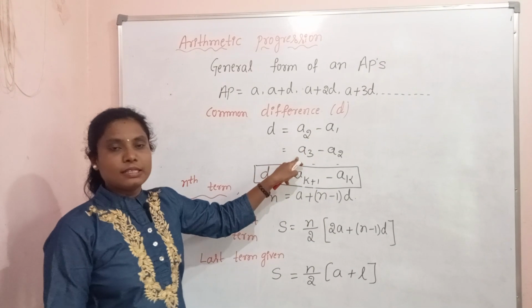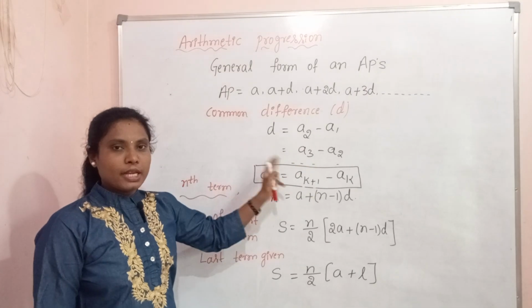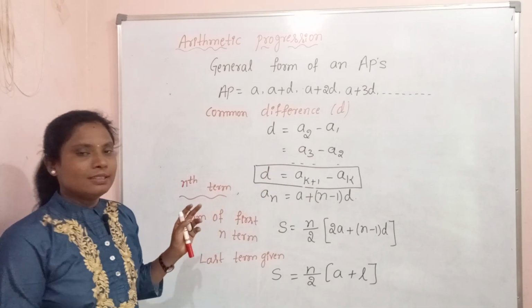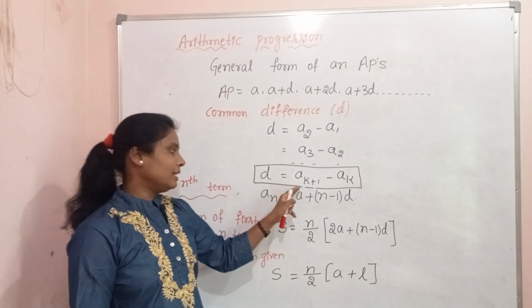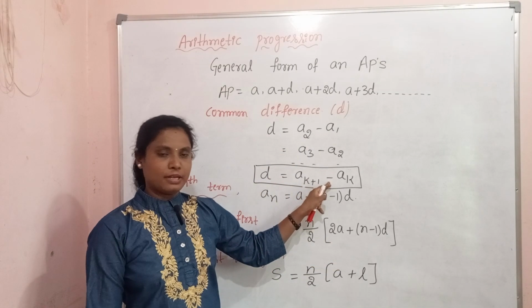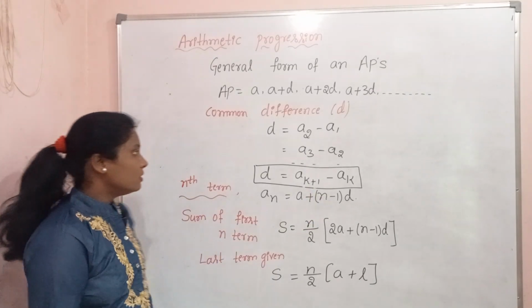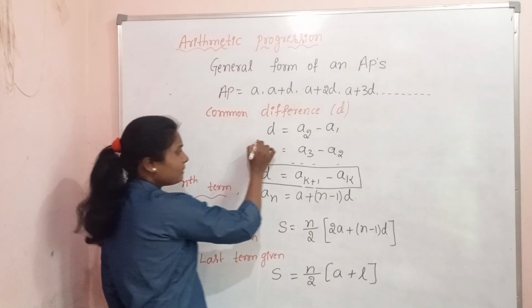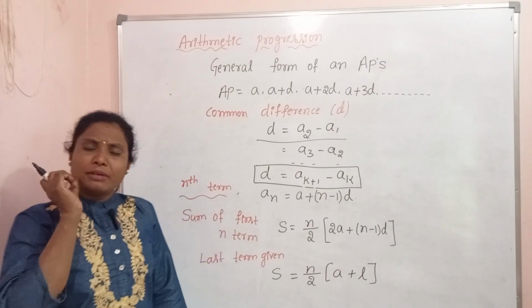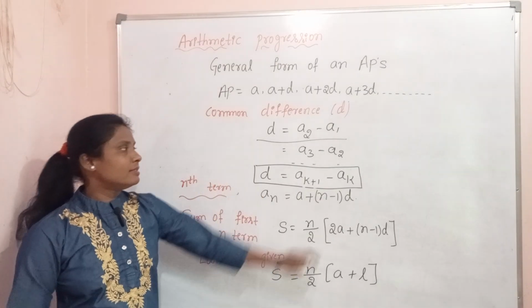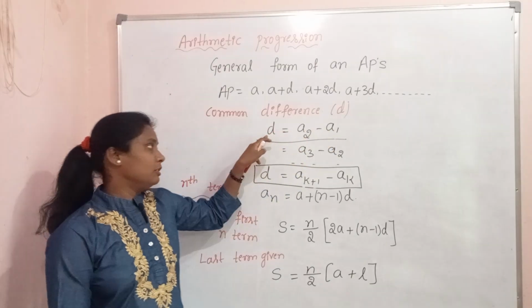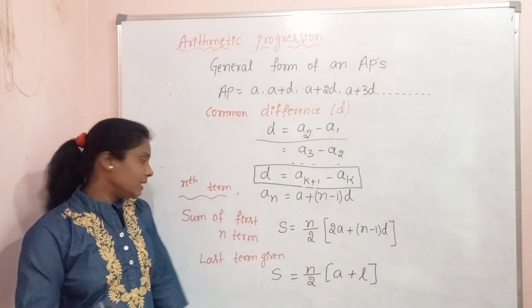So here it is a3 minus a2, a4 minus a3. Like that if it is continuous you will get a(k+1) minus a(k). So you can remember this. If they give an AP, you take the second term minus the first term, and you are able to find the common difference d.